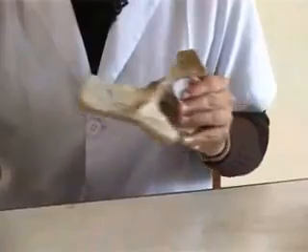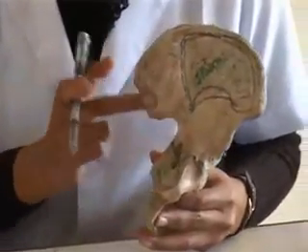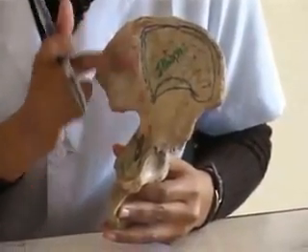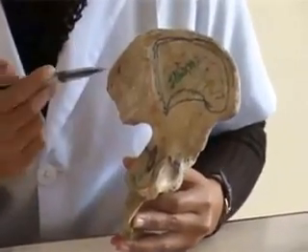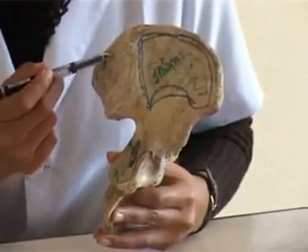Sacropelvic surface. The sacropelvic surface lies behind the medial border. It has 3 parts. The iliac tuberosity, raised in the middle and depressed above and below it.